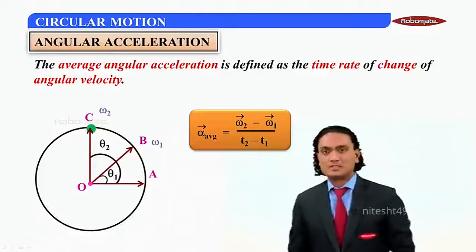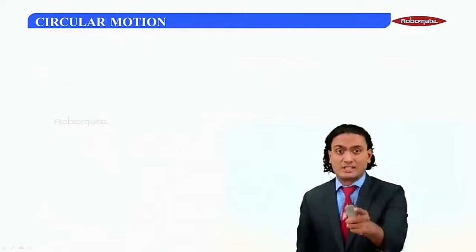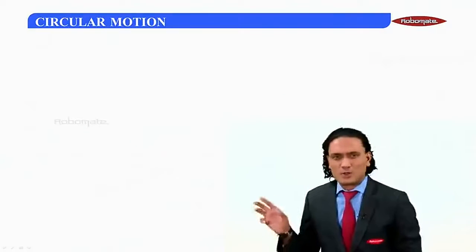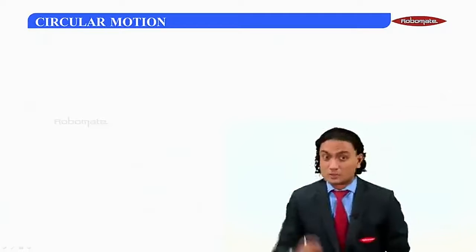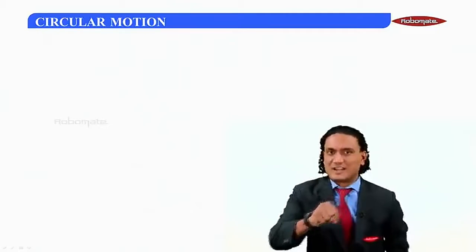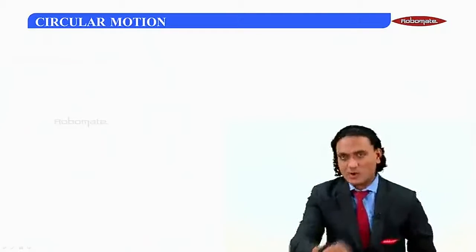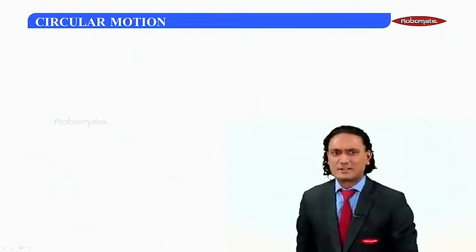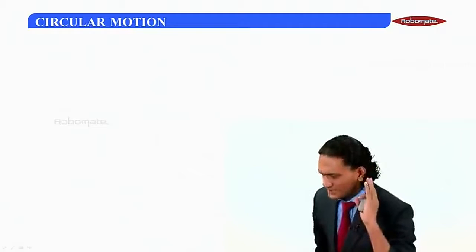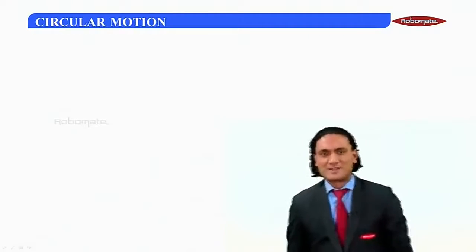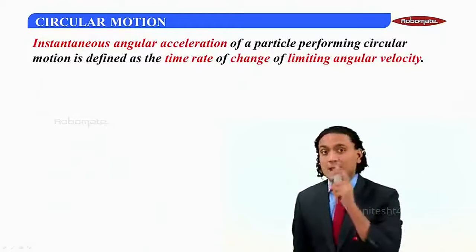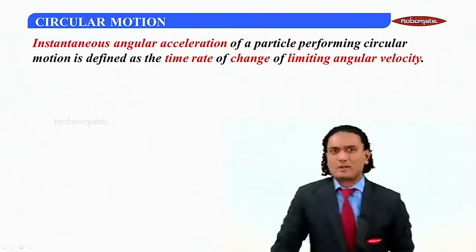Now students, the second type of angular acceleration is instantaneous angular acceleration. Again, I need not go into all those animations. Directly I can define, because already we have seen what is instantaneous angular velocity. So instantaneous angular acceleration is the time rate of change of a limiting angular velocity.